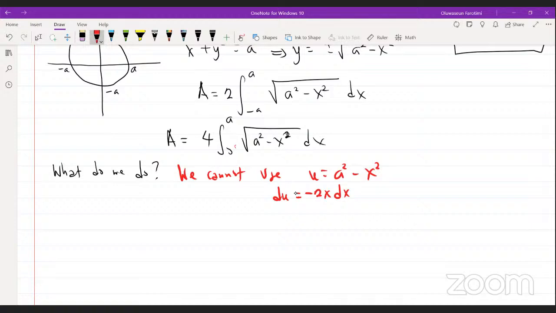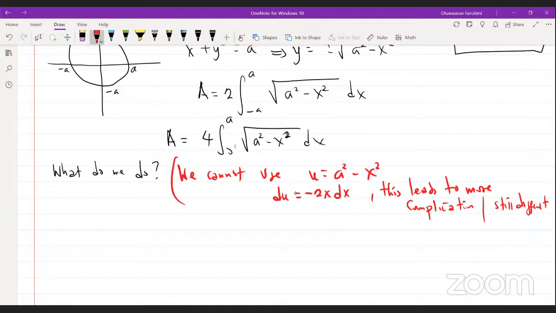And if you decide to go from this route and say x is plus or minus the square root of, it's going to be even more complicated. This leads to more complication, it's still going to be difficult, and that's not what we want, guys.